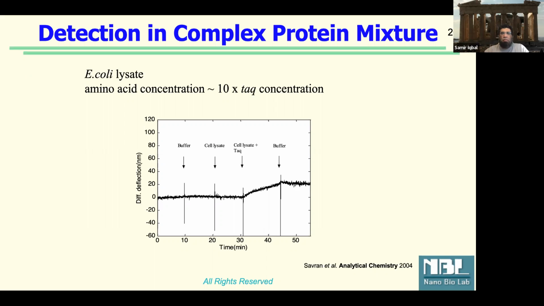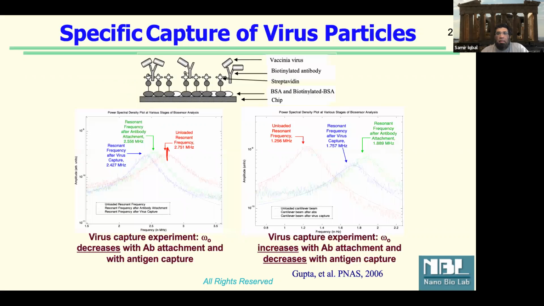When you add buffer, we see a spike. When you put in the cell lysate, we see a spike. When you put in Taq polymerase, we see a spike. And then you wash it again, you see a spike. So those changes in deflection would be indicative of the presence of that molecule. There's work done with virus detection as well.